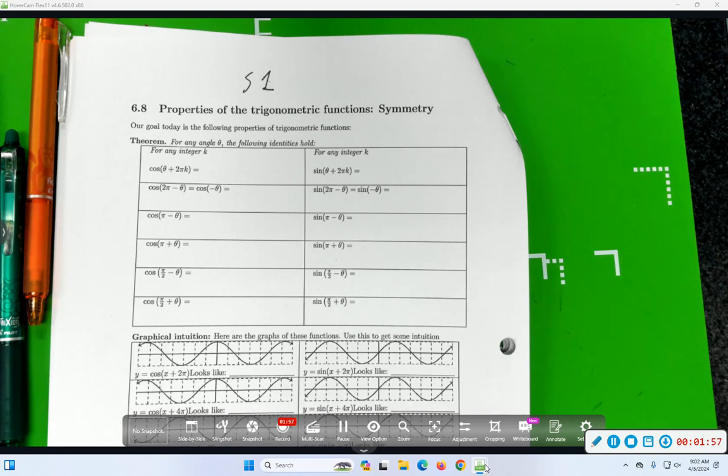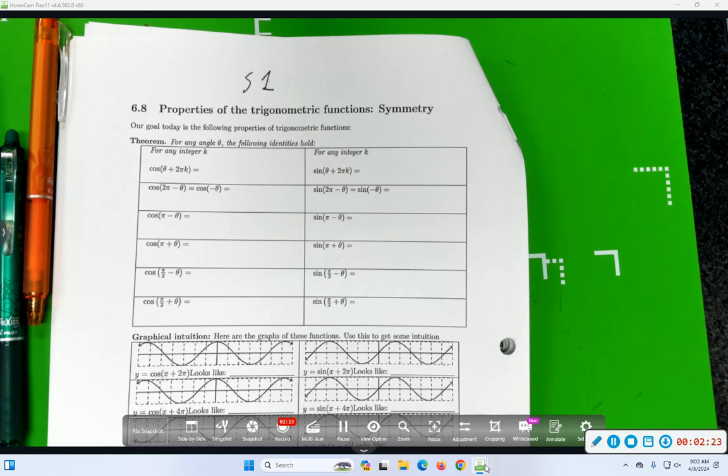Which one's sine? Well, let's start with this. Sine is not cosine, so it can't be A. Tell me something you know about sine.